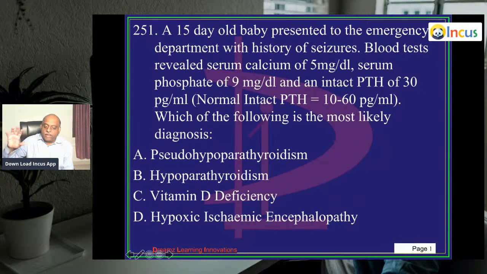A 15-day-old baby presented to the emergency department with a history of seizures. The blood tests reveal a serum calcium of 5, and the serum phosphate is 9.